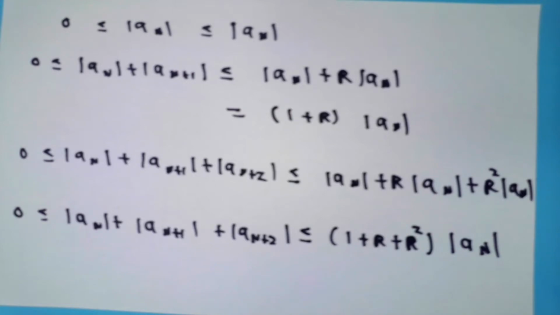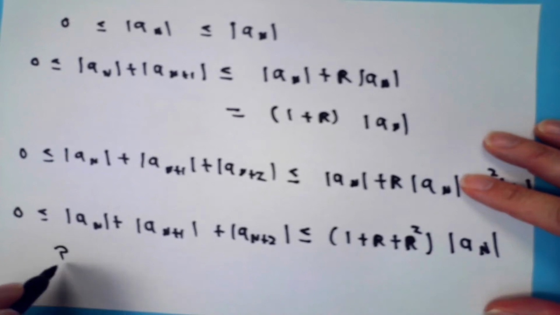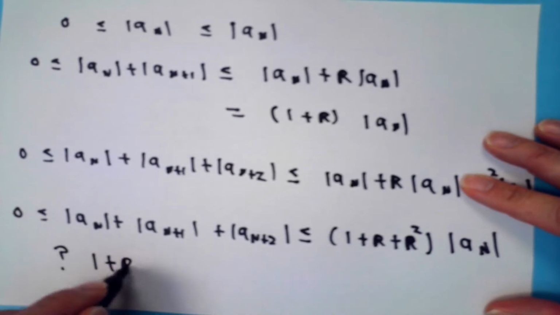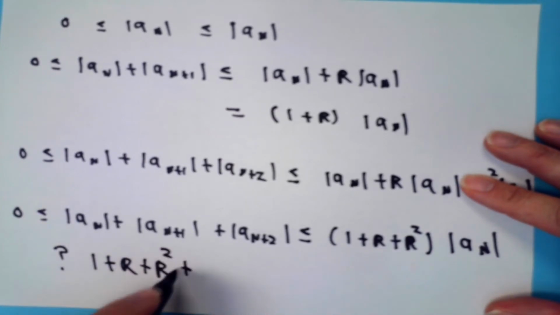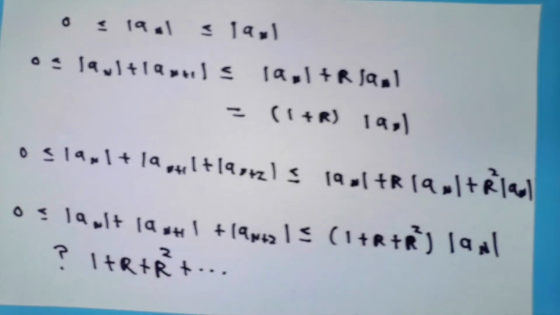The absolute A_N is a constant. The right-hand sequence of partial sums will converge if 1 plus R plus R squared and so on converges.